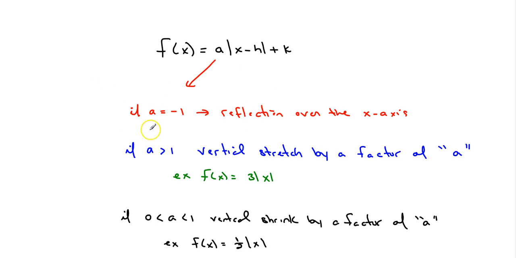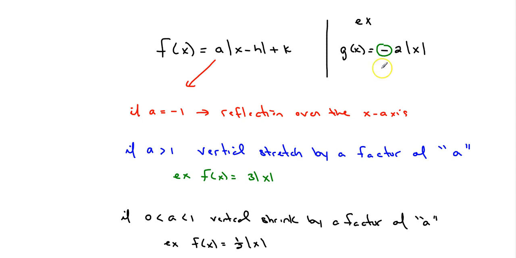So let's take a question here. The question is, what if it's less than -1? So let's say we're looking at an example here. Let's say we have g of x is equal to -2 times the absolute value of x. Okay. So this -2 doesn't fall between a is greater than 1 and a greater than 0 and less than 1. So how I'm going to look at this is actually separate.